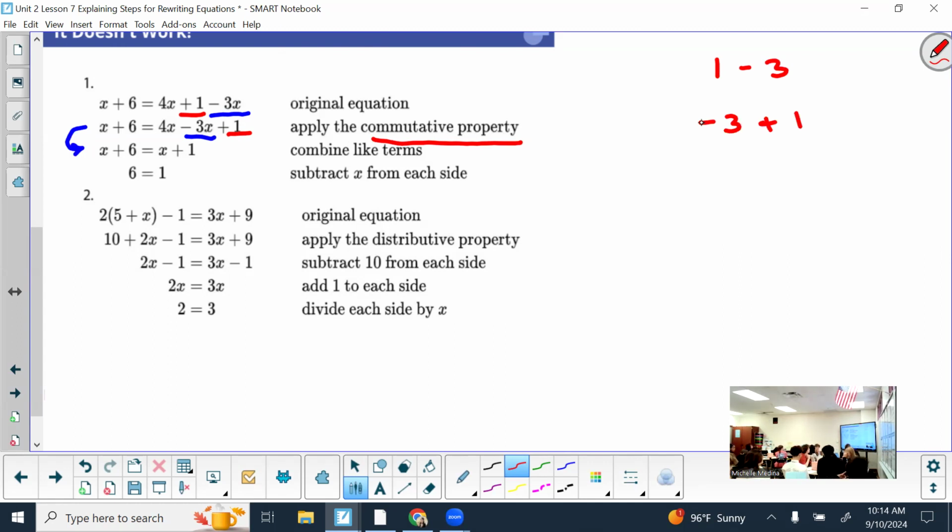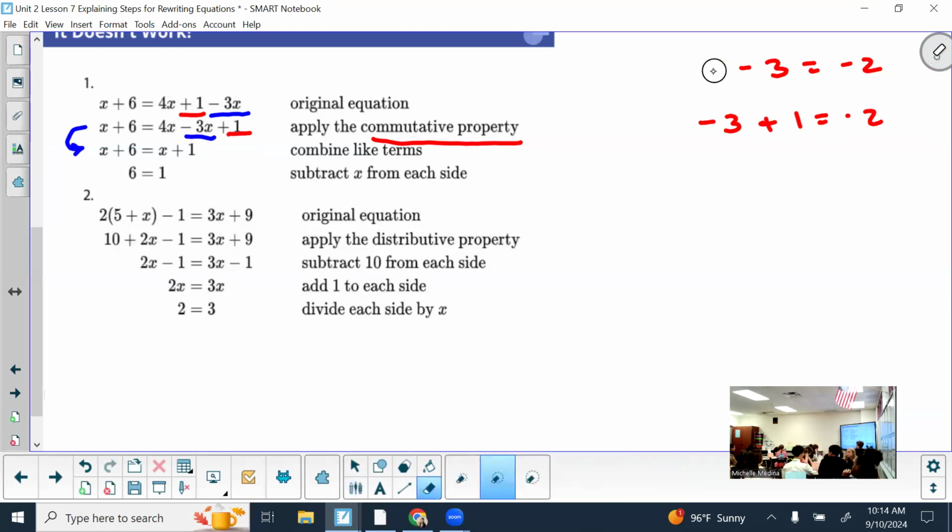What do you get both times? Now, that's not necessarily what we would do here, but I'm just saying, they kept the 3x negative, they kept the 1 positive. All they did was change the order, so that is not wrong. If you thought that was wrong, it's actually fine, because they didn't change the sign.